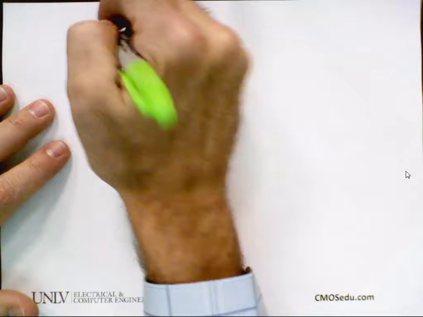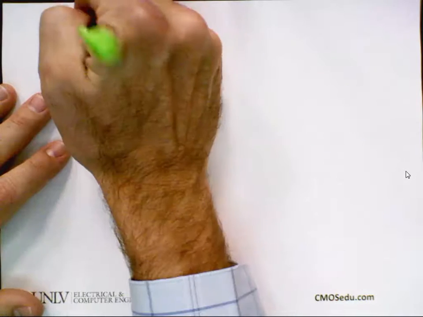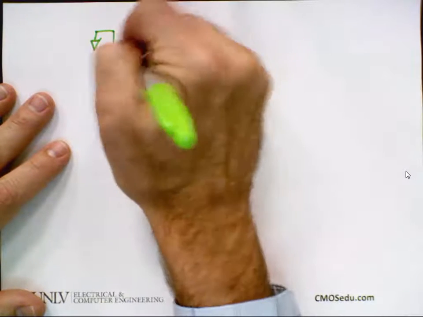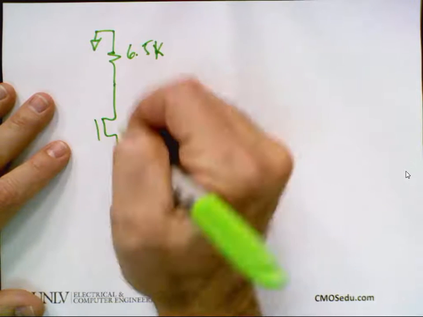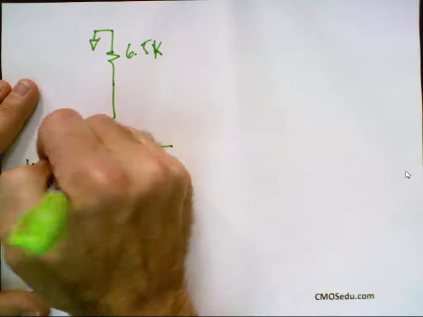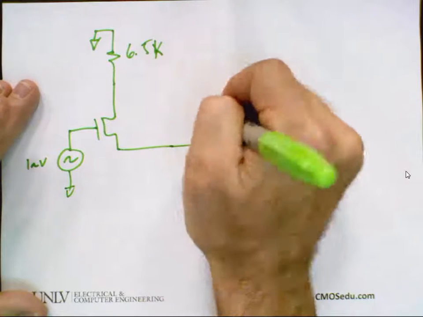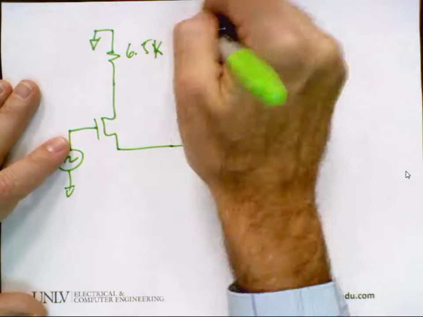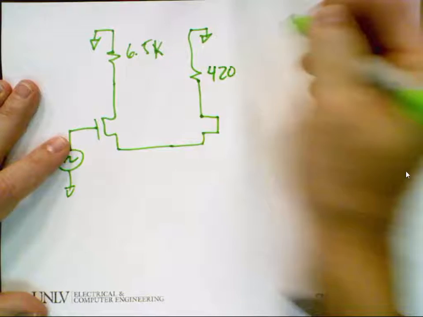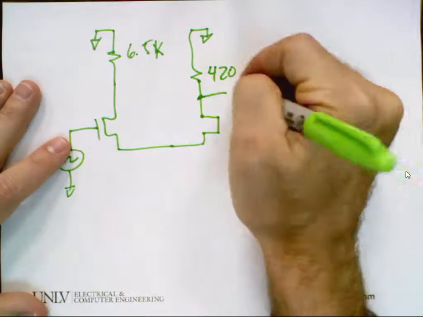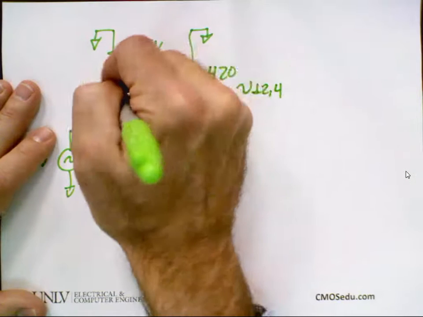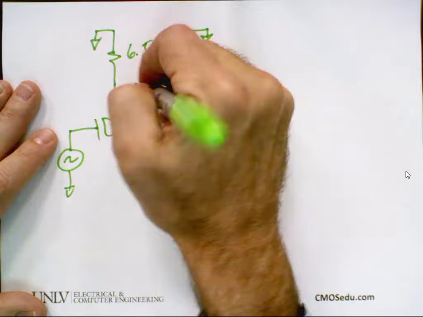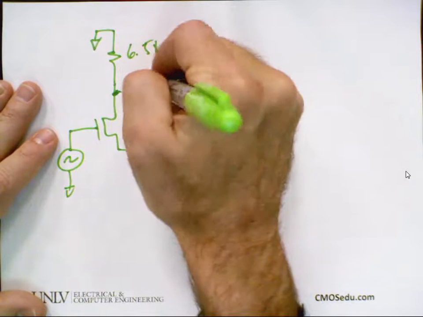Let's redraw the schematic. Here's the gate drain connected transistor. It's 6.5K. Here's my one transistor. It's got a gate that's 1 millivolt. This is 420. I'm going to call this V drain 2,4, and this V drain 1,3.